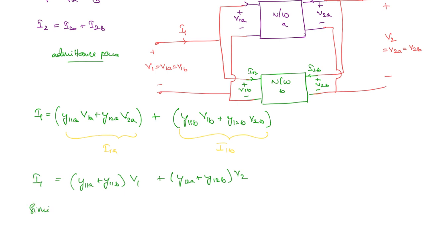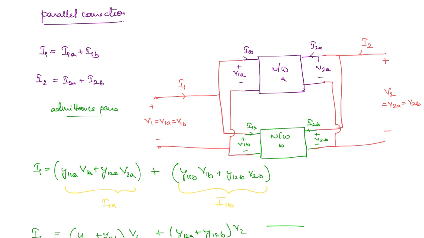Similarly, you can write the expression for I2. What will this be? (Y21A plus Y21B) into V1 plus (Y22A plus Y22B) into V2. So these are the two equations that are required. So we can see that we got the admittance parameters of the equivalent parallel connection as the sum of the admittance parameters.